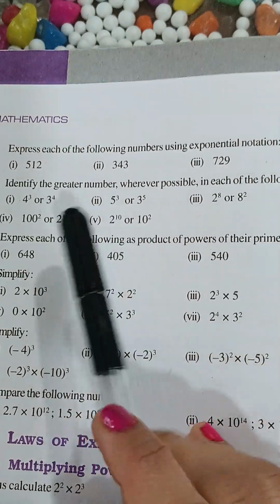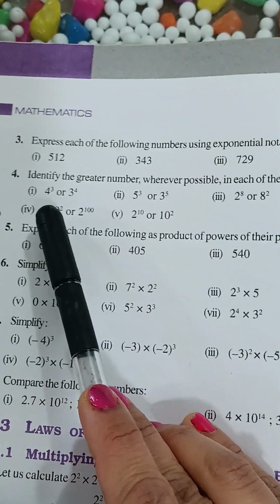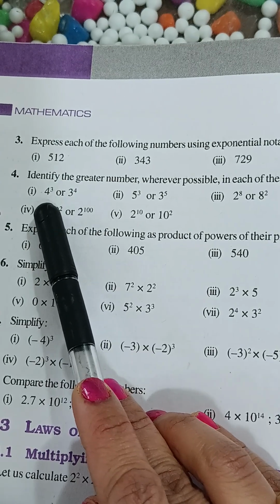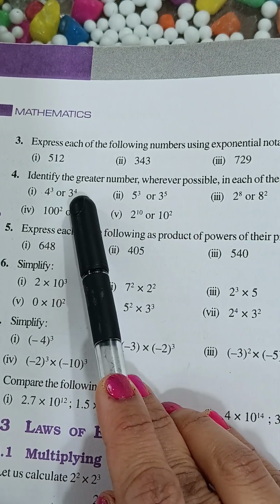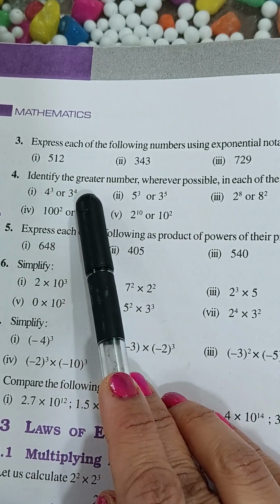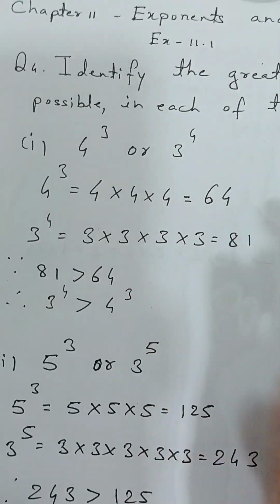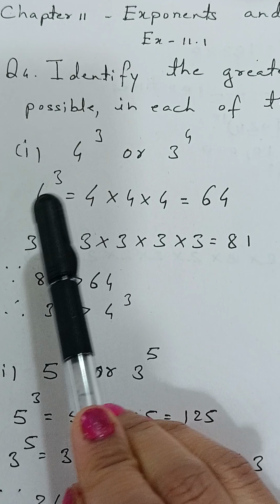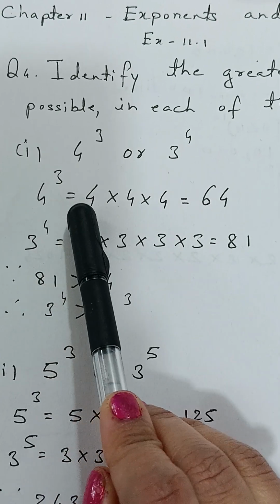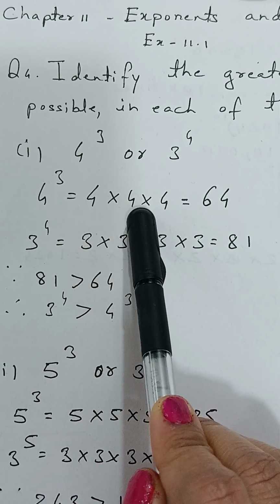Okay, so the first question is 4 raised to the power 3, or 3 raised to the power 4. Which one is greater? I'll explain how to find out. 4 to the power 3 is equal to 4 into 4 into 4.